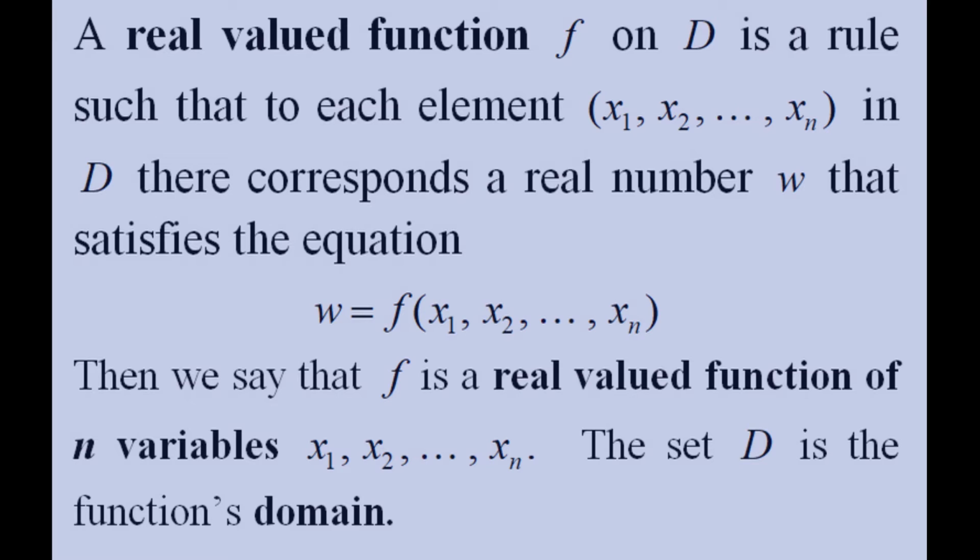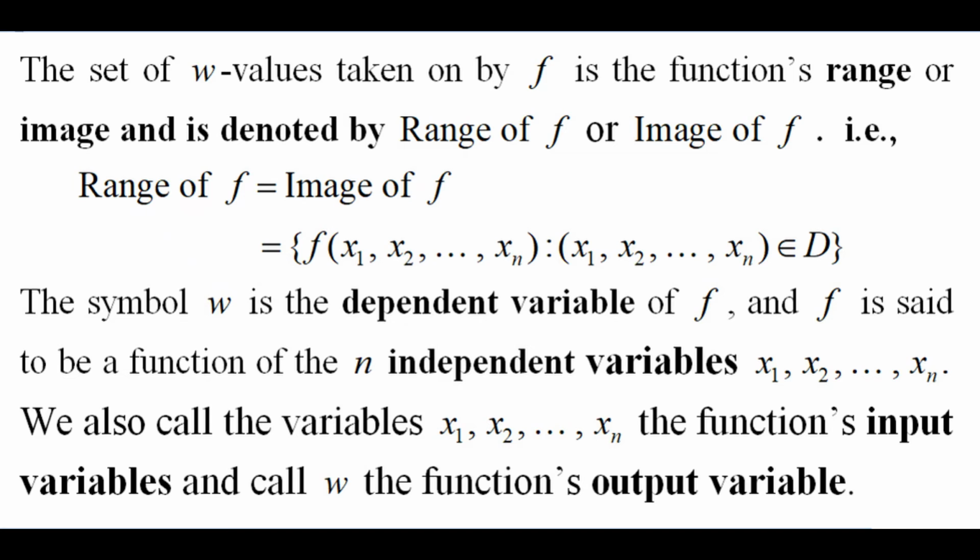We say that f is a real valued function of n variables x1, x2, etc. xn. This set D is the function's domain. The set of w values taken on by f is the function's range or image and is denoted by range of f or image of f.